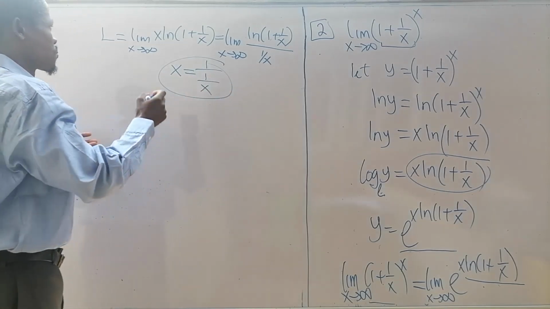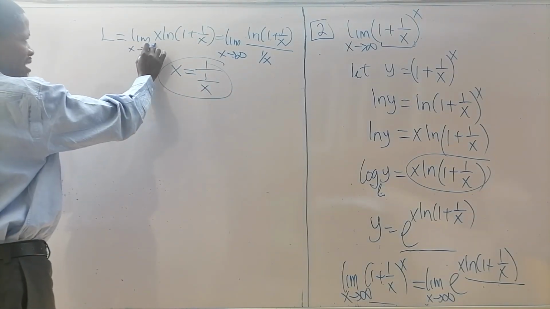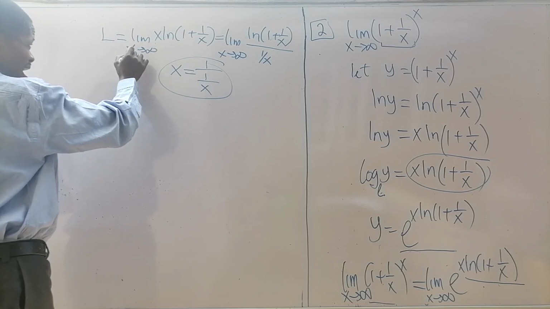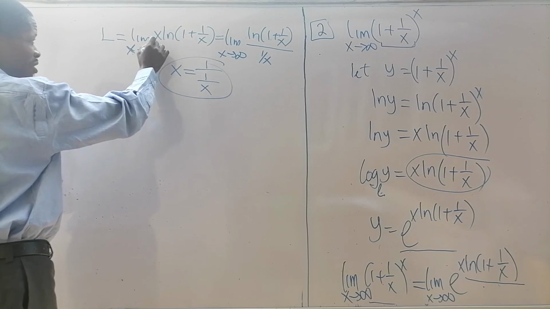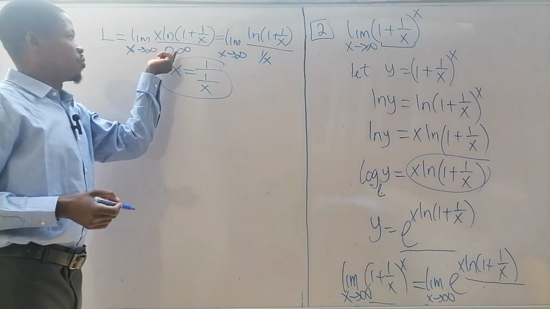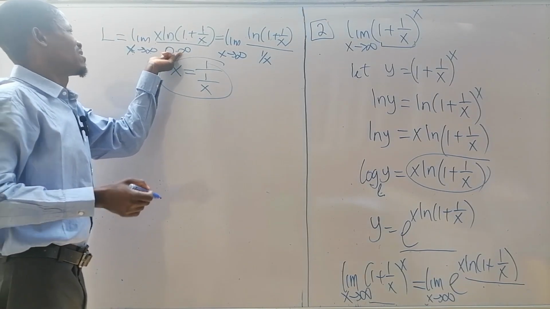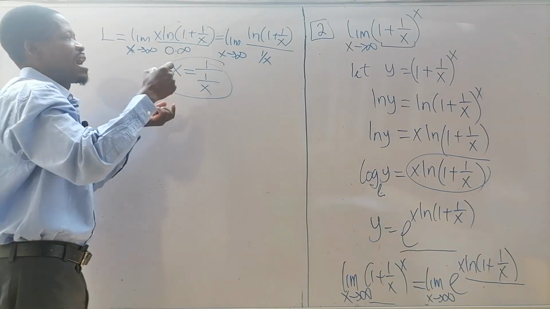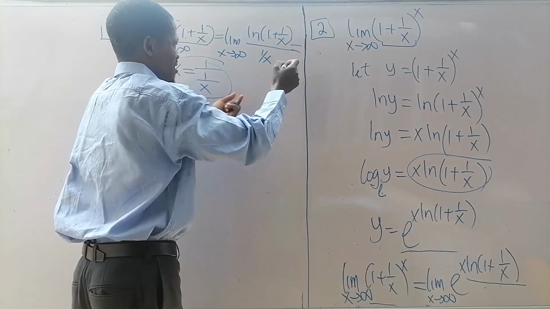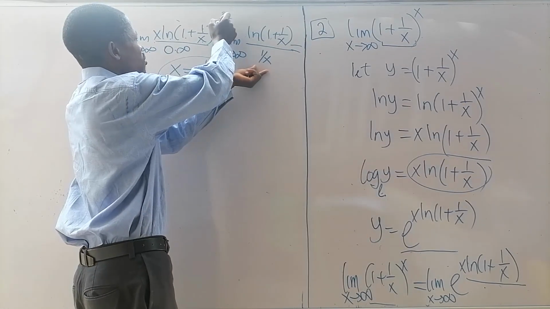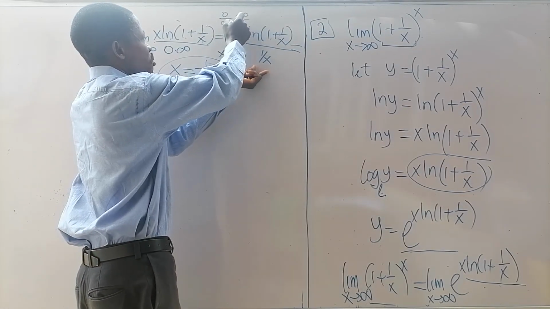Because the moment you substitute infinity anywhere you see x, it's going to give you 0 times infinity. When you have such a case, the next thing to do is to do the algebra of your function so that you can have an indeterminate form, either 0 over 0 or infinity over infinity.